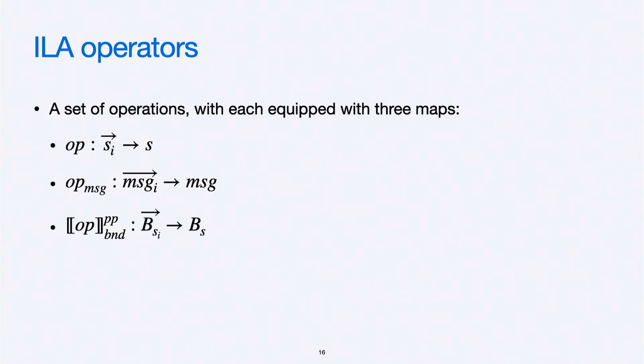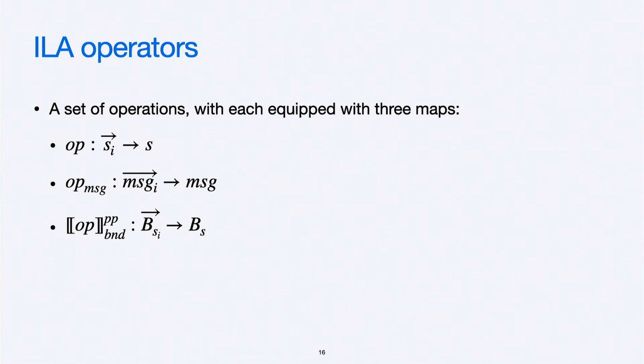And in order to define functional correctness, we want to define similar operations on FHE operators. So in ILA, operators are abstracted as these three maps. The first map says that an operator is defined on n variables and comes up with one result.